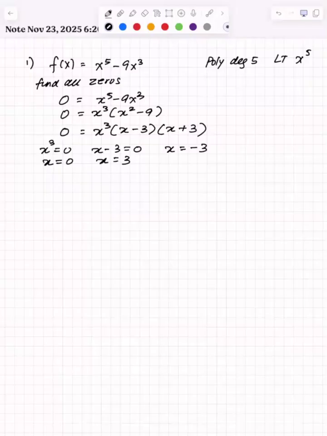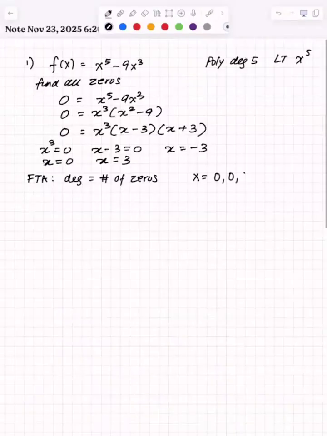Remember from the fundamental theorem of algebra, the degree of the polynomial is exactly the number of zeros you have, including repetition. So we should have 5 zeros. Now x is 0, but it's x cubed, so the zeros are 0, 0, 0.